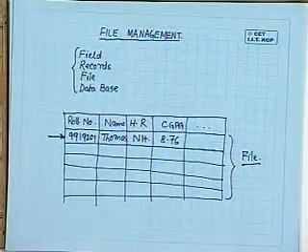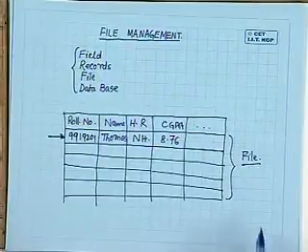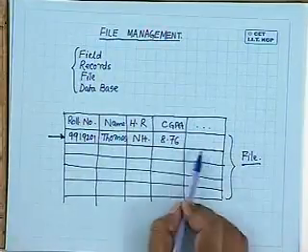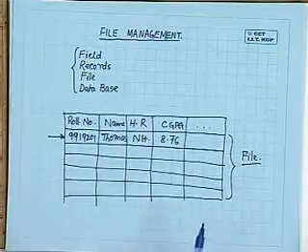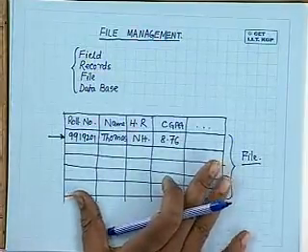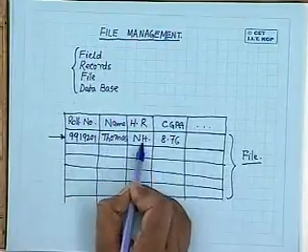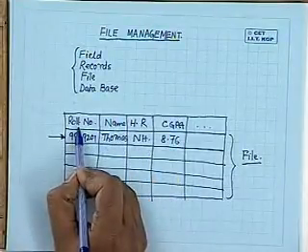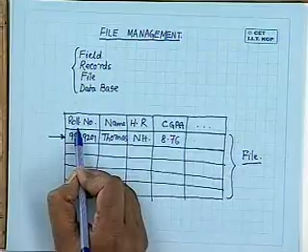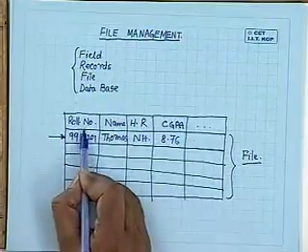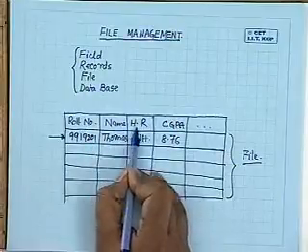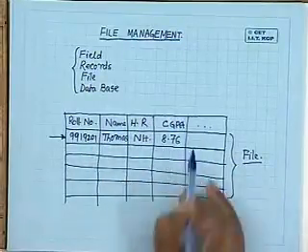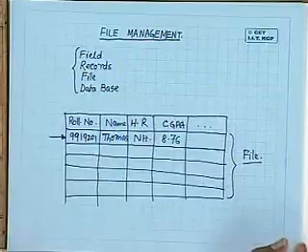Right? So whenever we store a file, this file can be stored in various forms. Say for example, if I have a regular format like this, and I want to store this file, then for each of these entries, I need not specify what the corresponding field is. When I store this, I need not specify roll number 9919201, name Thomas, hall of residence Nehru Hall, CGPA 8.76. These details need not be put.